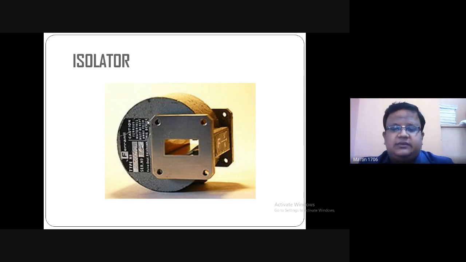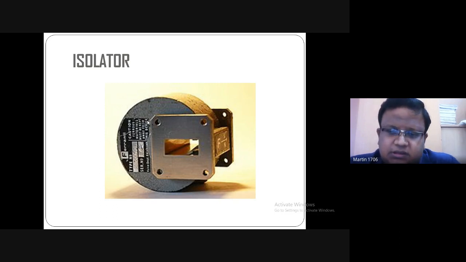Isolator. This is the device and component which is available in our laboratory. There are many companies fabricating this isolator device. You can see some, Ferranel. Okay, Ferranel is one of the companies fabricating and manufacturing this type of device.